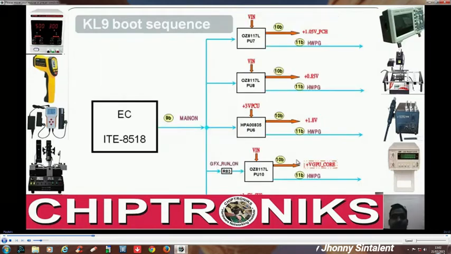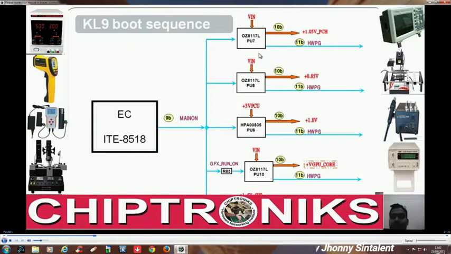Let's go to the next slide. The EC will again generate a main on signal. It will go to all these regulators, OZ8117L, all these PU7, PU8, PU6, PU10, PU5, to open all kinds of voltages, right?